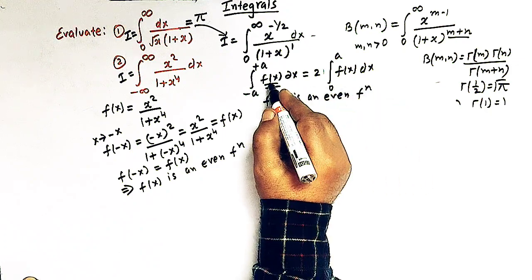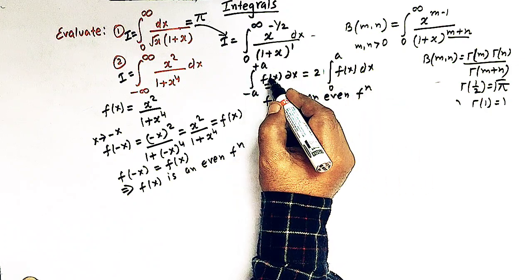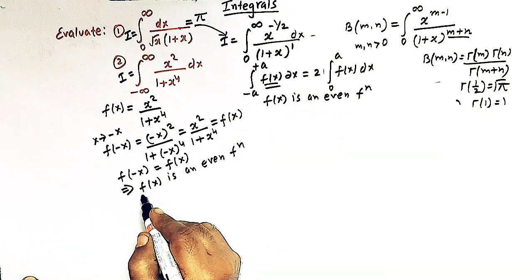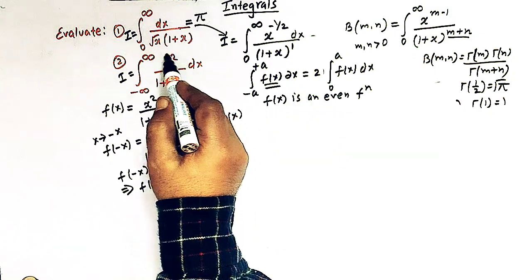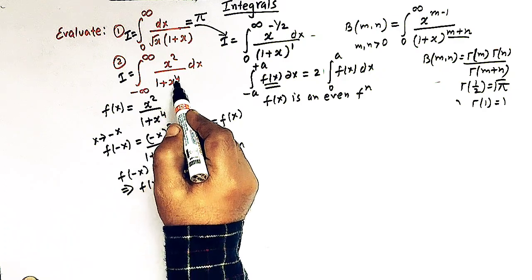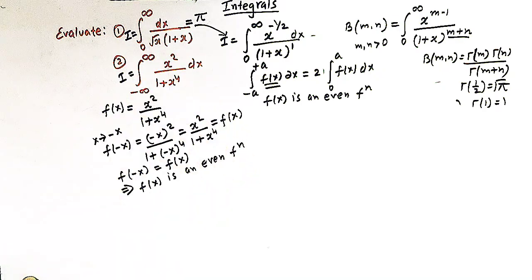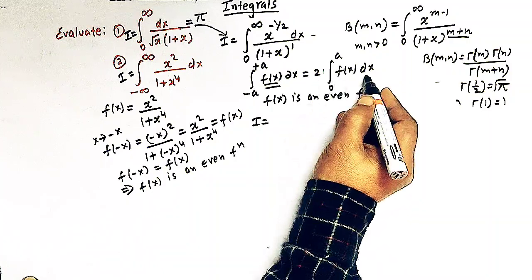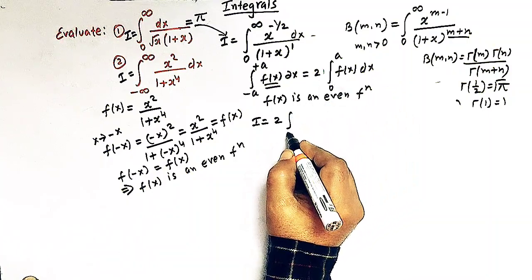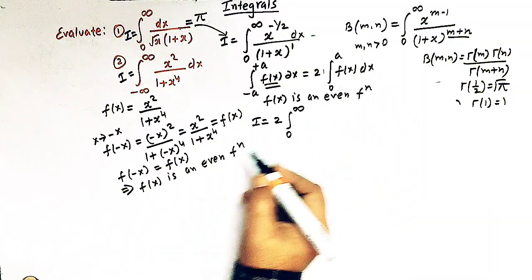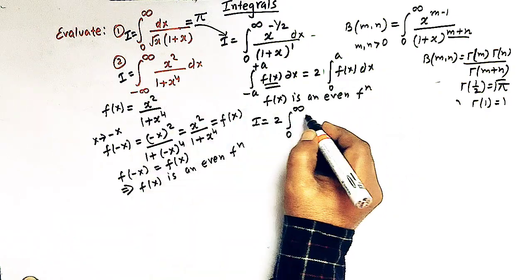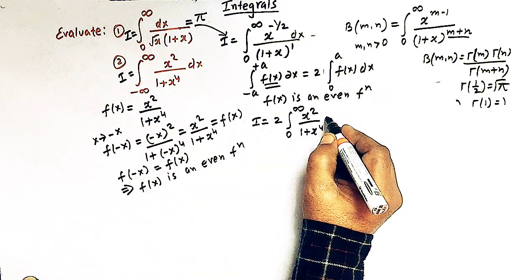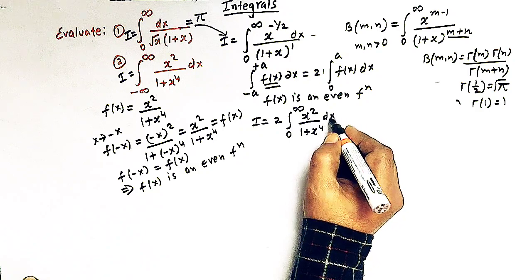And in case of odd function, this integral is equal to 0, right? So here we have just proved that f of x, that is x square over 1 plus x raised to 4, is an even function. So now this integral I can be written like this, that is 2 times the limits from 0 to infinity, and f of x is x square over 1 plus x raised to 4 and dx.